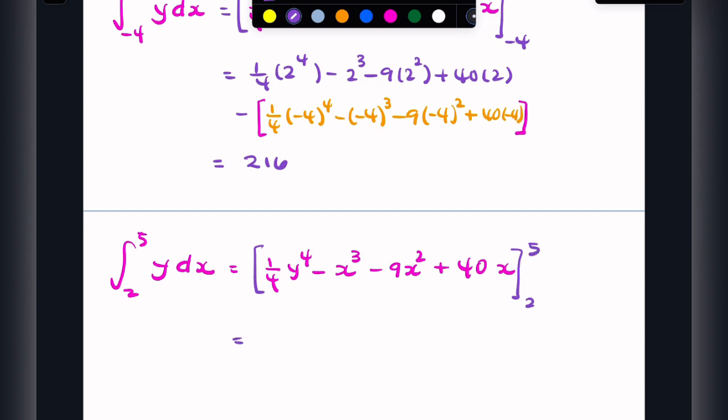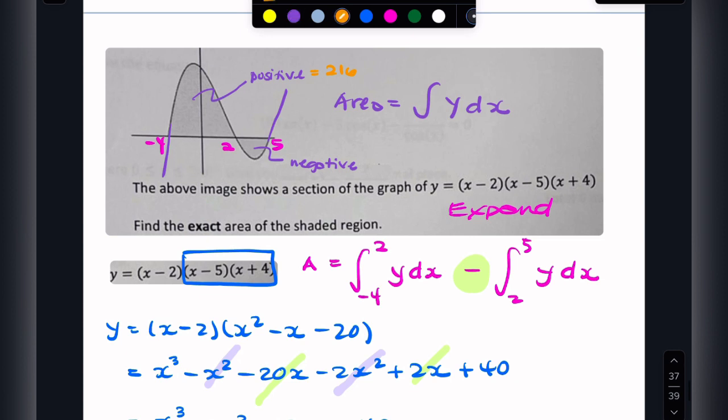So let me put that into my calculator. If I put it in the calculator correctly, the answer is minus 135 over 4. So that's this. It's minus 135 over 4.